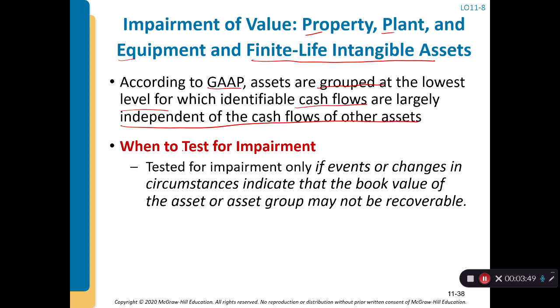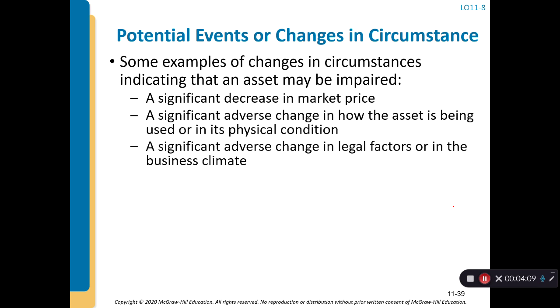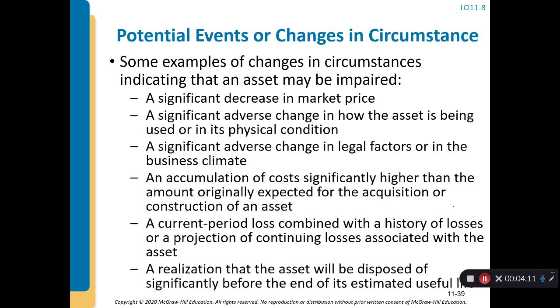Okay, you test impairment only if events or changes in circumstances indicate that the book value of the asset or asset group might not be recoverable. I will explain what recoverable means, but before that, we want to look at what kind of events can contribute to this kind of situation.